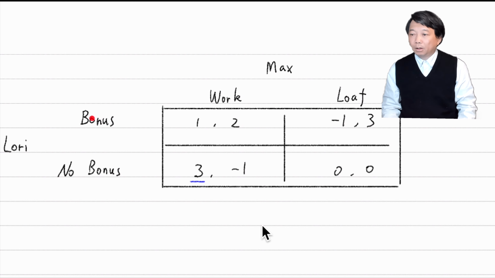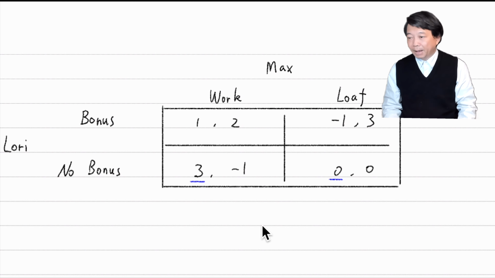In this case, Laurie's best response is also not giving the bonus because it results in 0, which is better than -1. We see that no bonus is her dominant strategy.